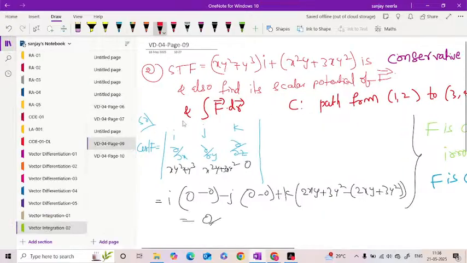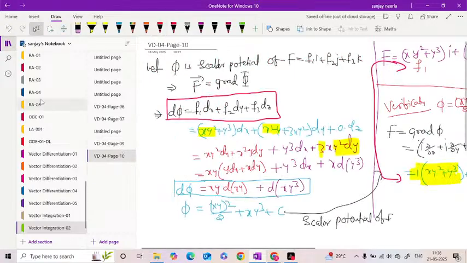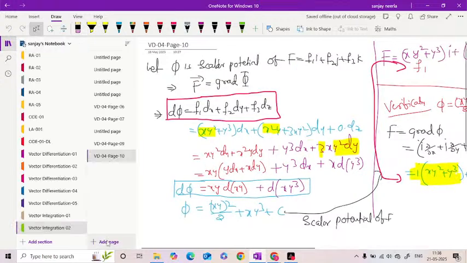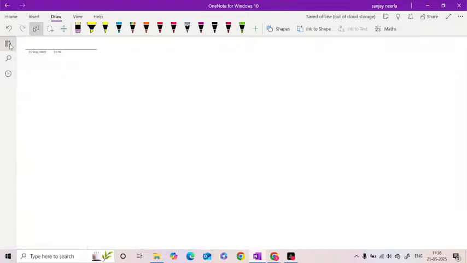So the scalar potential field we are already getting, so phi is equal to xy square by 2 plus xy cube plus c. Now in this sub question, what is the third question here?